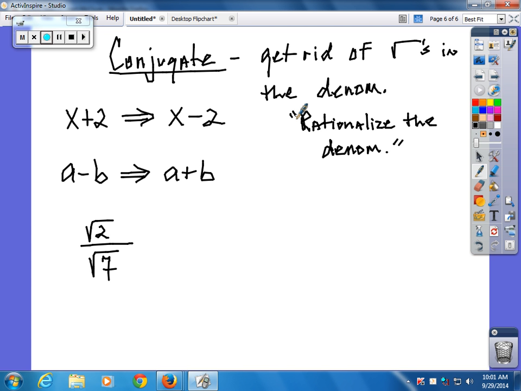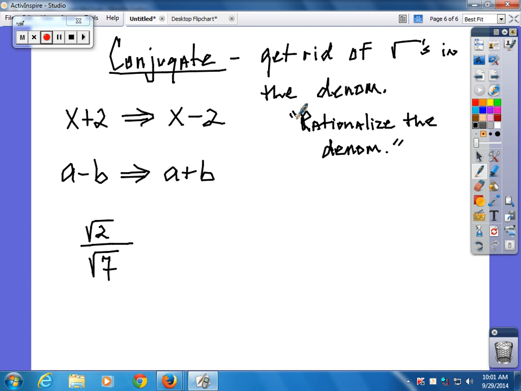That means you want to get rid of it. So I've got to multiply my term, square root of 2 over square root of 7, times another fraction to get rid of the denominator. So what takes precedence here, the numerator or the denominator? The denominator. You can care less what's in the numerator.